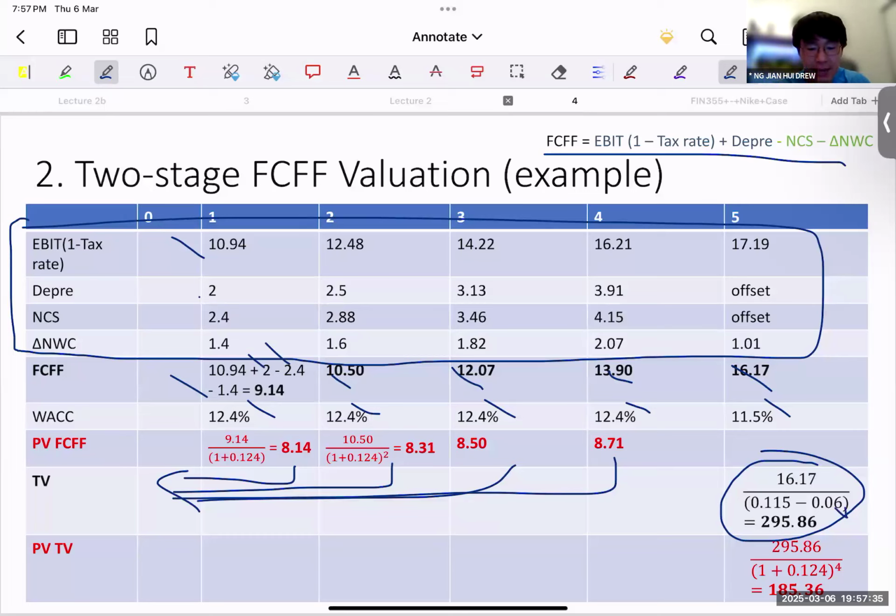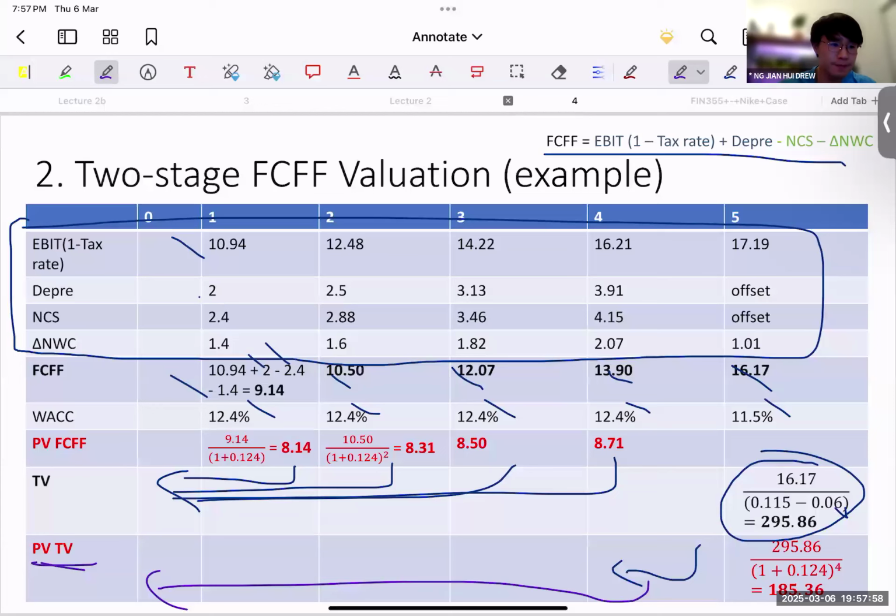So growth at 6% stable, so it's a growing perpetuity. Of course, we know that this terminal value is as of year 4. So from here, we do need to discount it back for years to determine the present value of terminal value as given here.